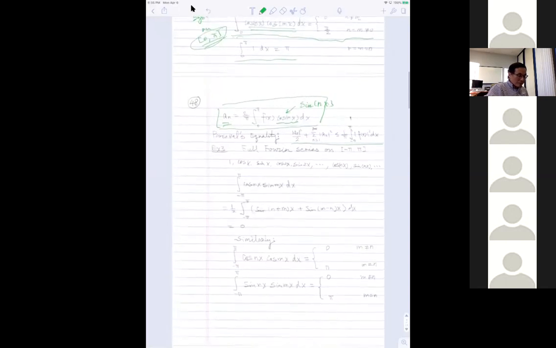So in the next example, example 3, so far we have only had the Fourier sine and the Fourier cosine series, but we can also combine sines and cosines together, and we have the full Fourier series. But notice the interval here is from negative pi to pi.